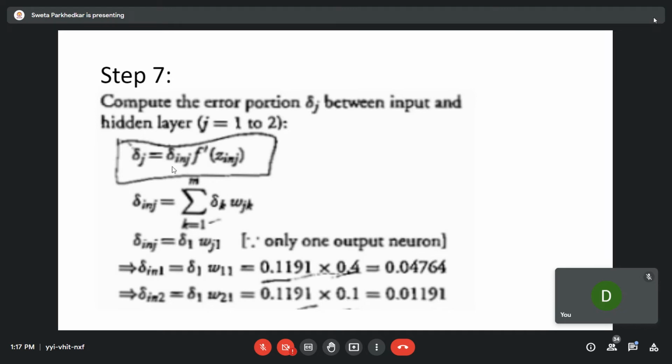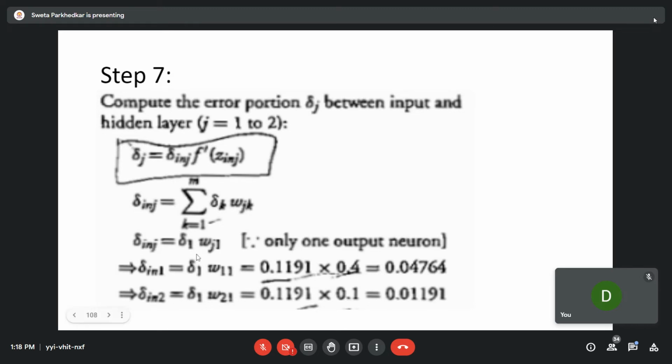So delta J is equal to delta in J times f dash of z in J. And delta in J is the summation of delta K into W of JK, and J varies from 1 to 2 for the hidden layers.